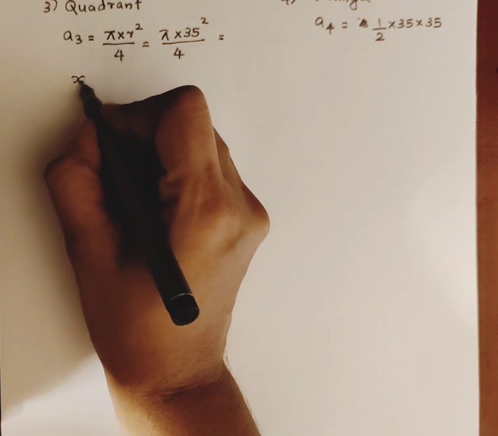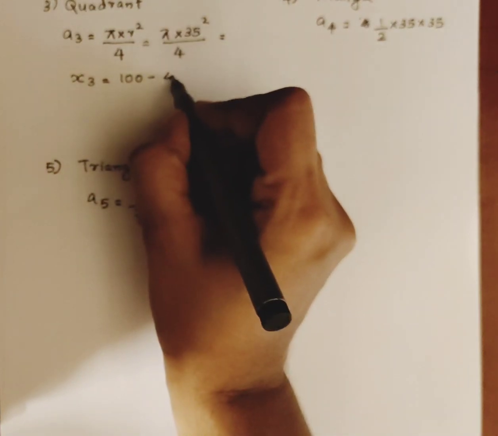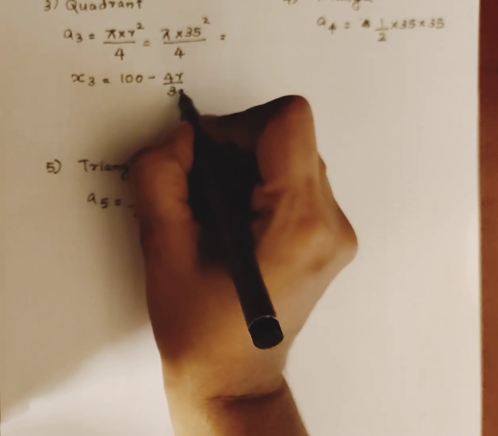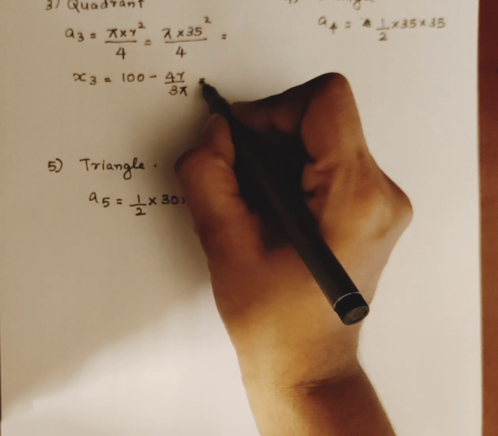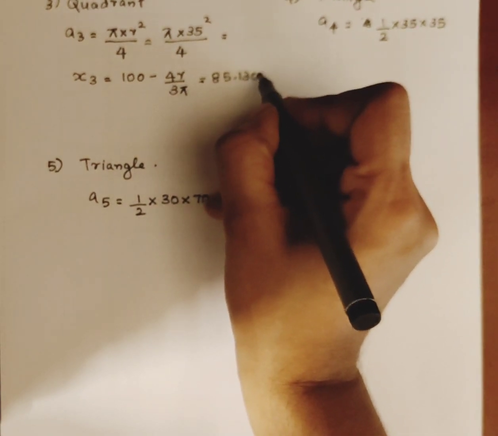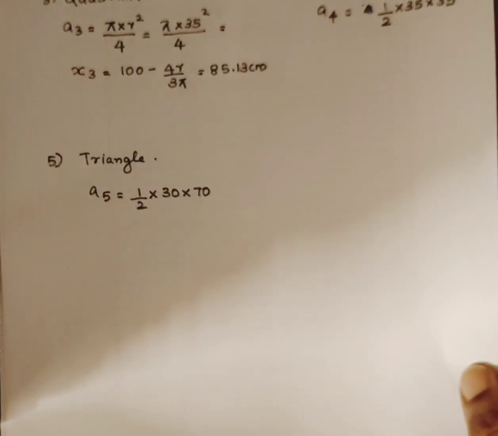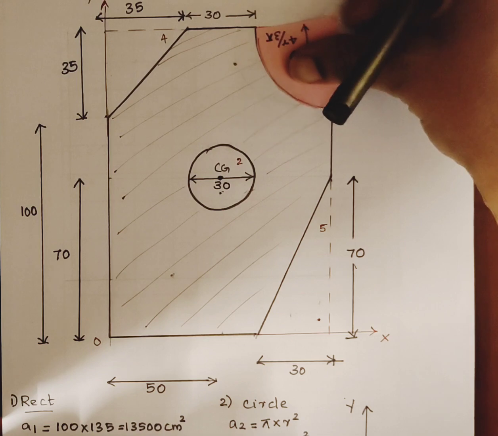So here x3 is equal to 100 minus 4r by 3 pi, that is equal to 85.13 centimeter.